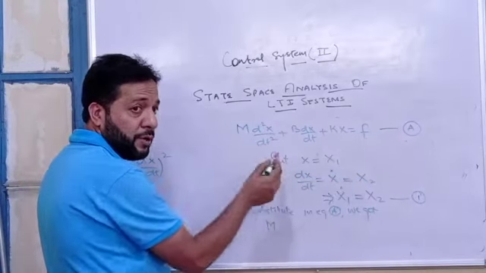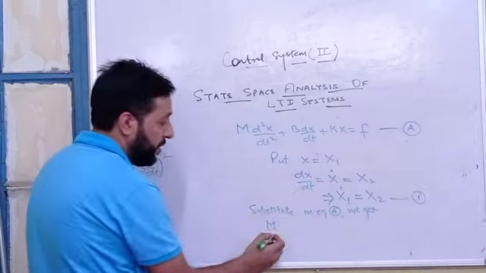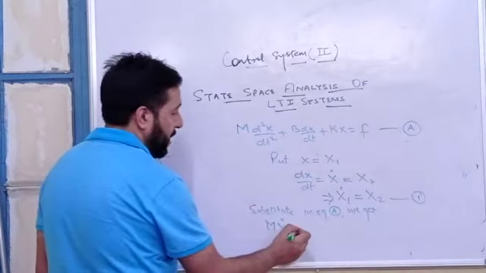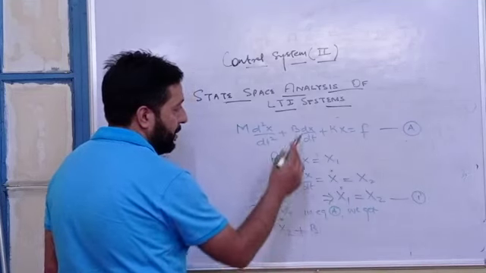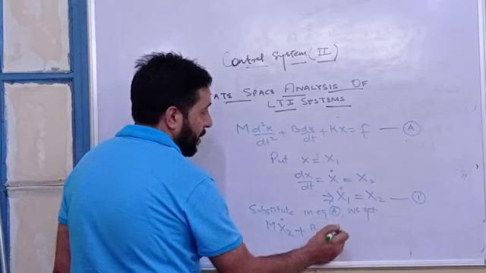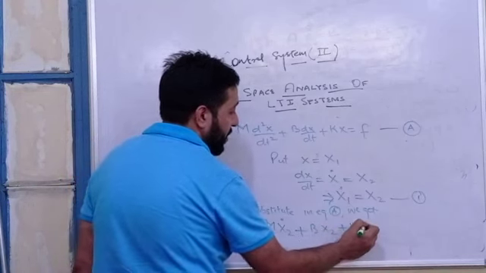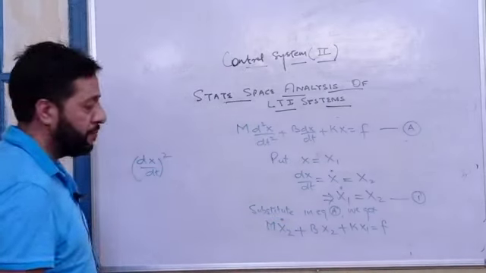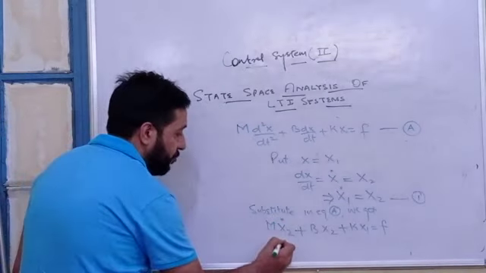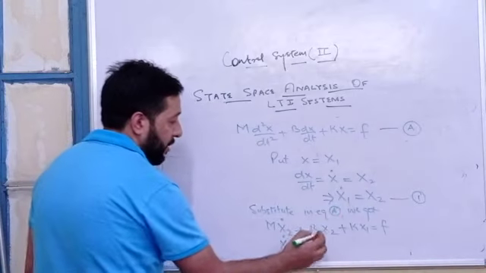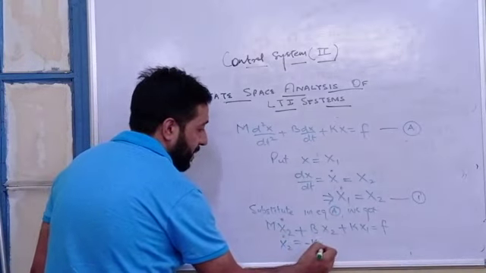Dx by dt is x2, d by dt of x2 is x2 dot, plus b dx by dt, which is x2, plus k, x is x1, equal to f. Correct? Then I put x2 dot on one side and take the other things on the other side. So I will get minus k upon m x1.